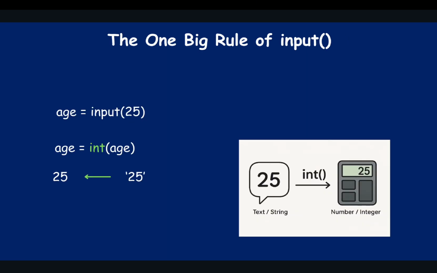Now, before we jump into coding, there is one important thing about the input function that you must know. The way the input function works is that internally it converts anything that it gets into a string or a text.